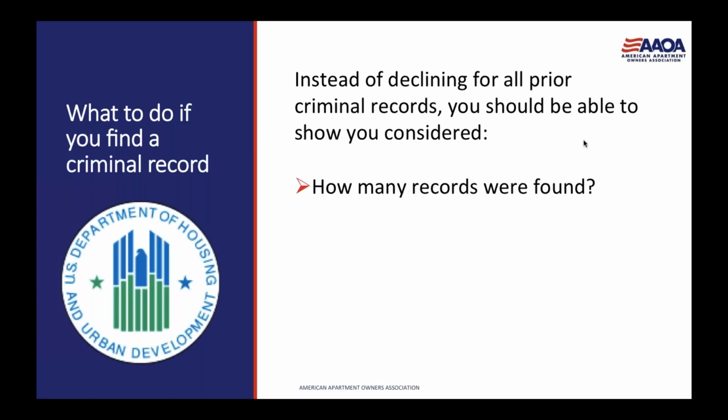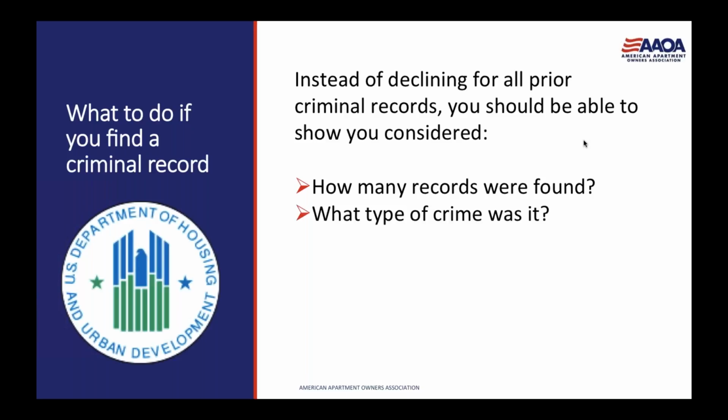The first one to look at is how many records were found. Was this a pattern of criminal records, or was it just a one-time thing? That's important to show as well, how much of a safety risk this person could pose.